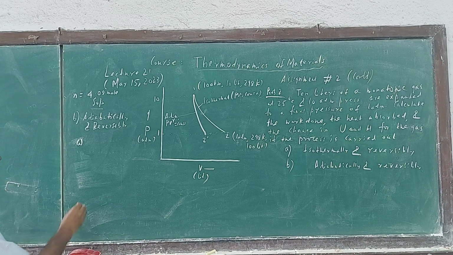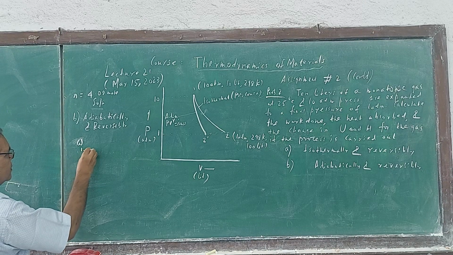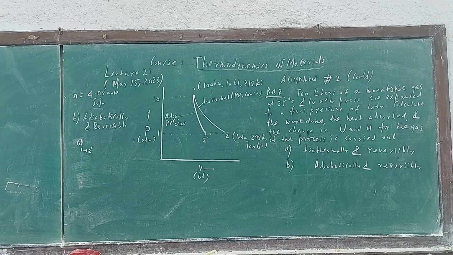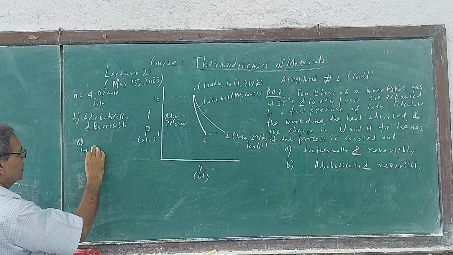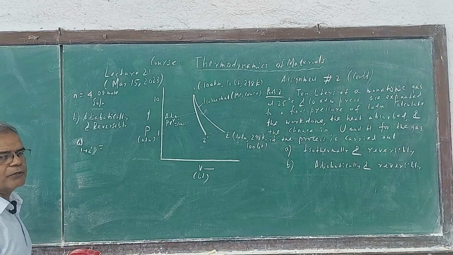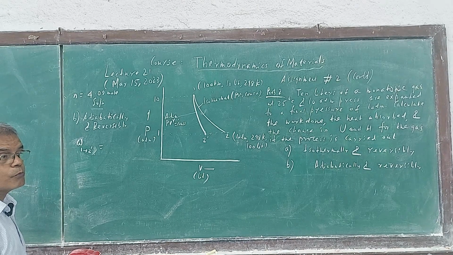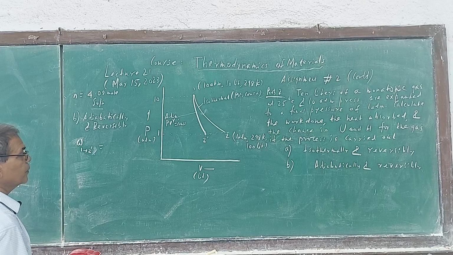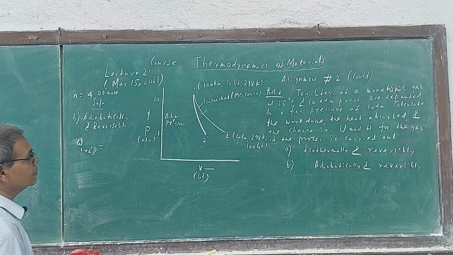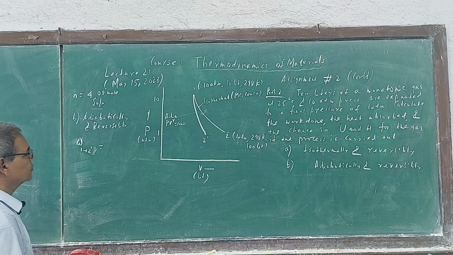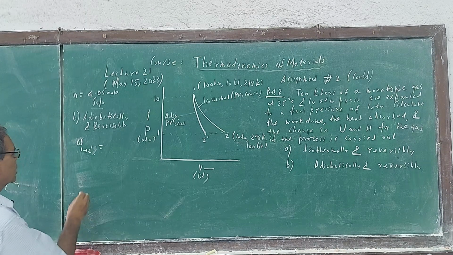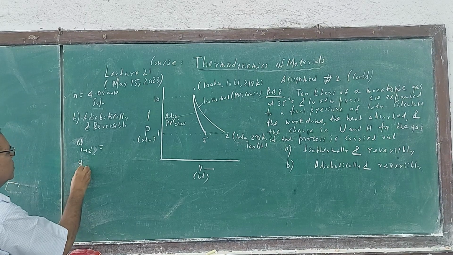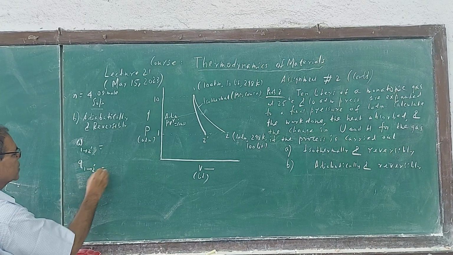Quickly, W, suppose you have started. For the adiabatic, it is 1 to 2 prime, you say 1 to 2 prime, not 1 to 2. What is this? Adiabatic. Delta Q for 1 to 2 prime, you know that also.